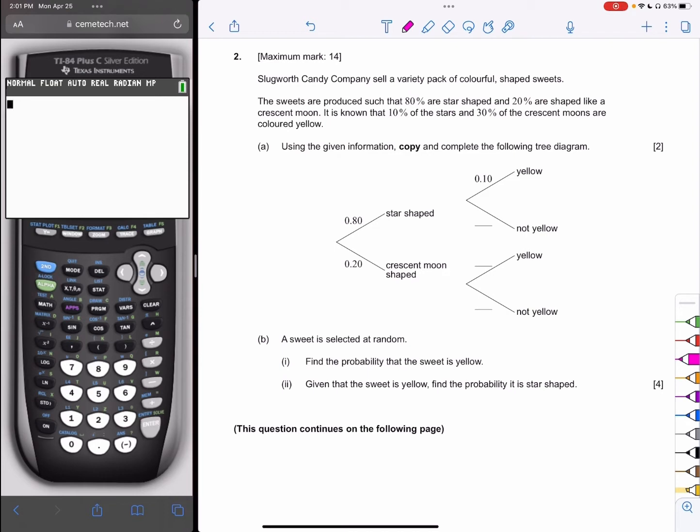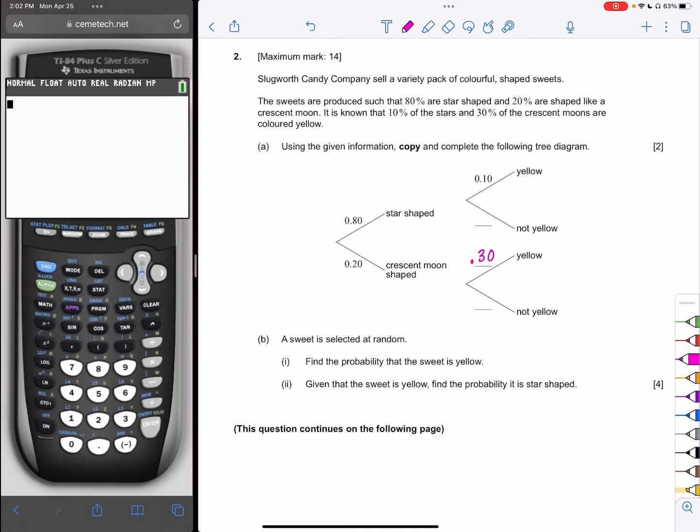All right. So, if I know that 80% are star shaped and 20% are shaped like a crescent moon, and it says 10% of the stars and 30% of the crescent moons are colored yellow, that means the crescent moons that are colored yellow is going to be 0.30.